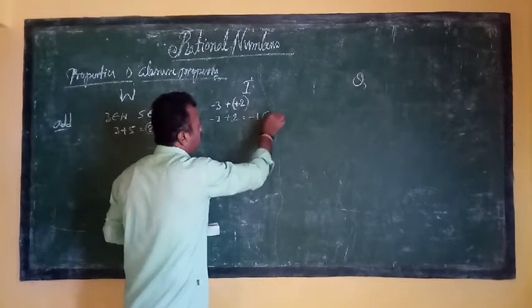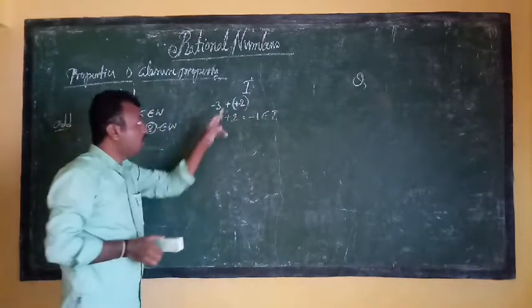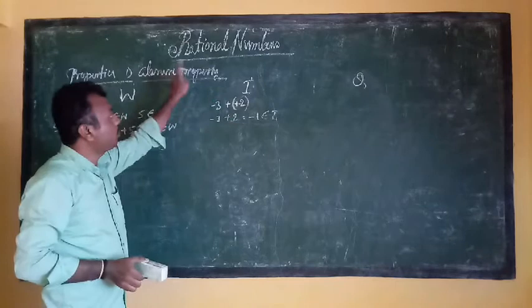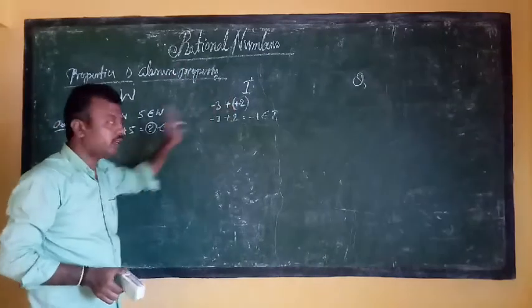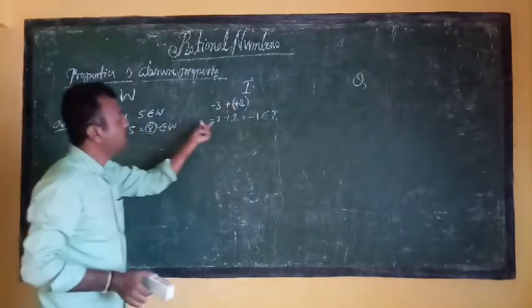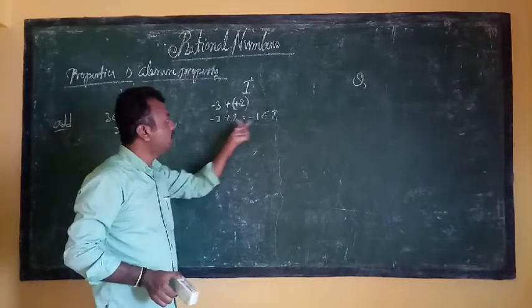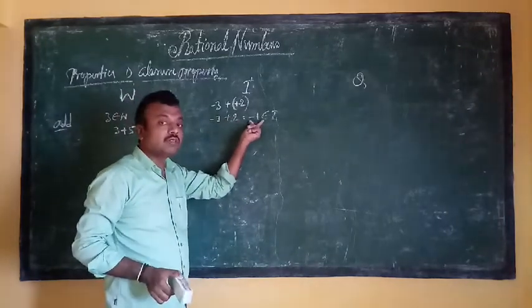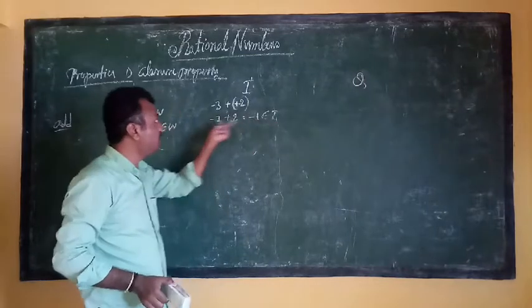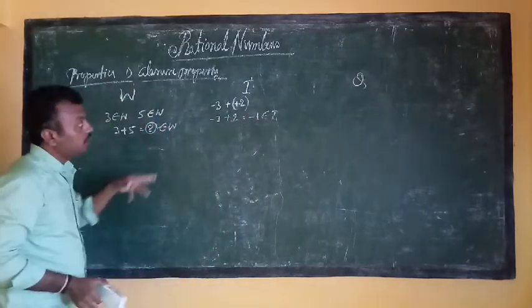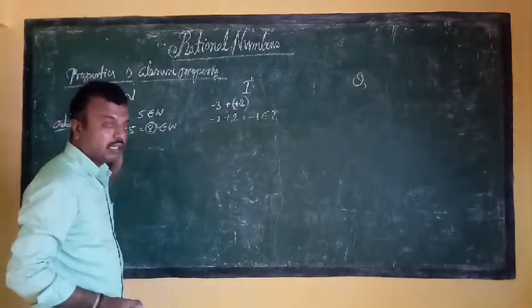So it belongs to integers. Therefore, the closure property of integers is satisfied under addition, because minus 3 is an integer and 2 is another integer. When you add, it becomes minus 1, and this minus 1 is also an integer.